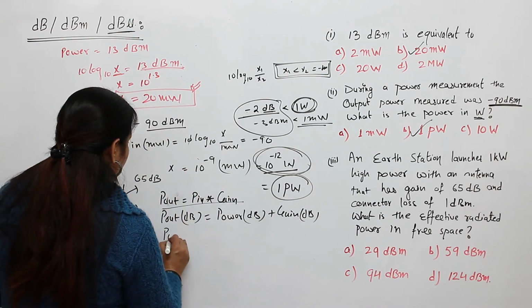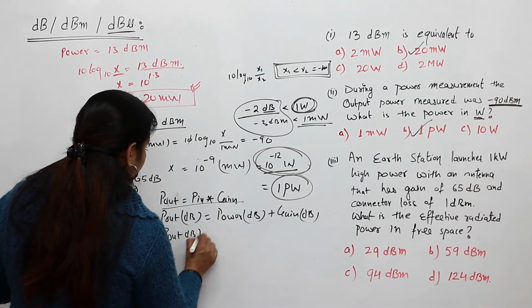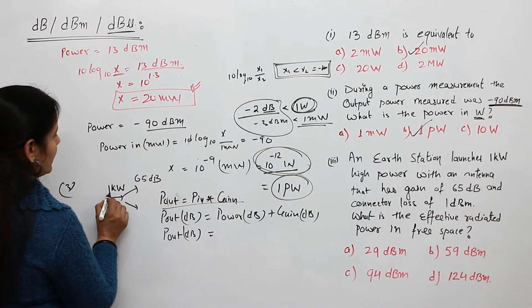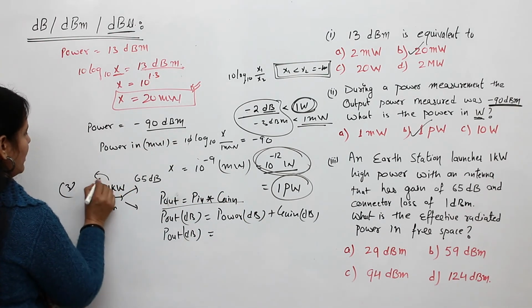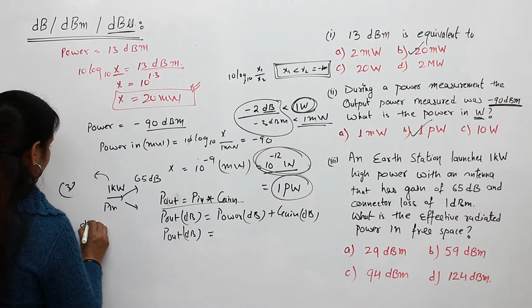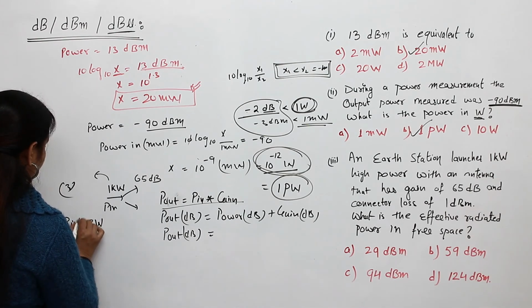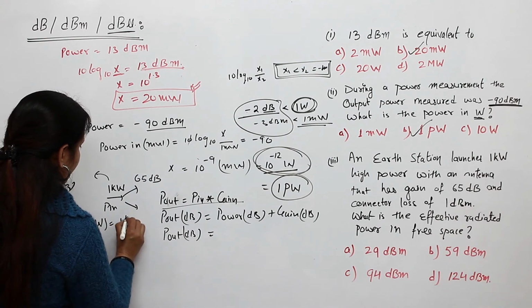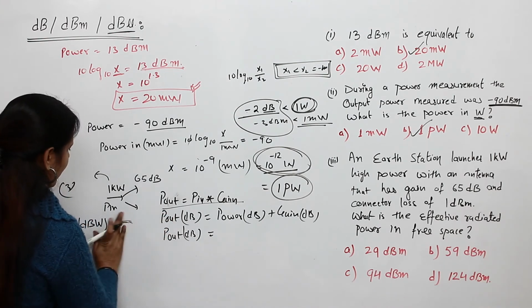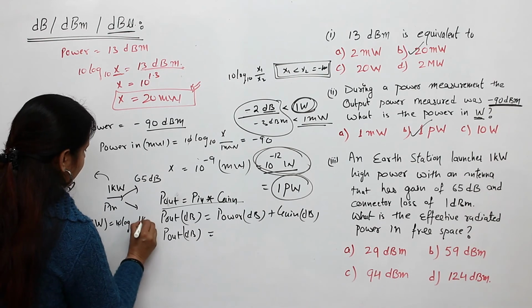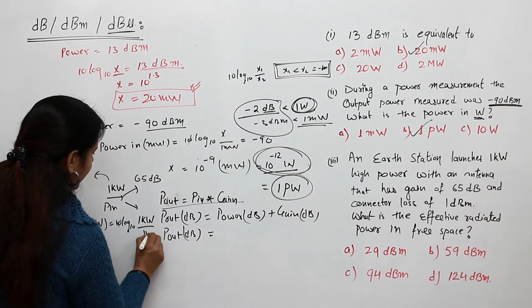So power output in dB will be power input in dB plus gain in dB. Your input power is given in kilowatt. How much will 1 kilowatt be in dB, that is, dBW? P input in dBW will be 10 log of 1 kilowatt compared to 1 watt.